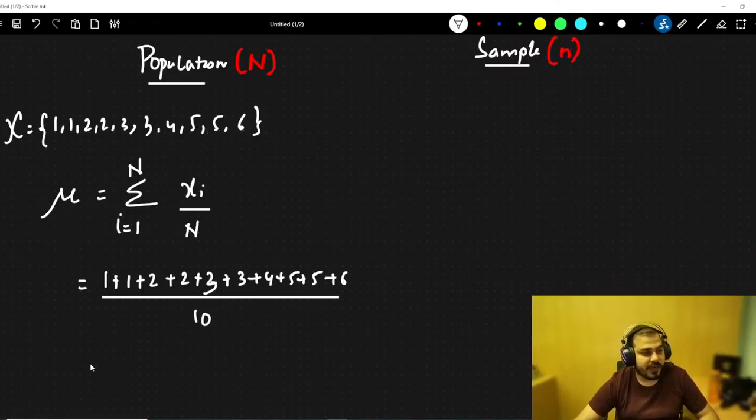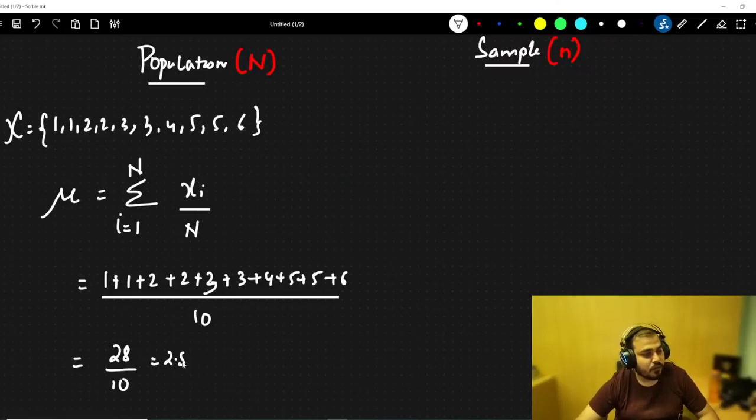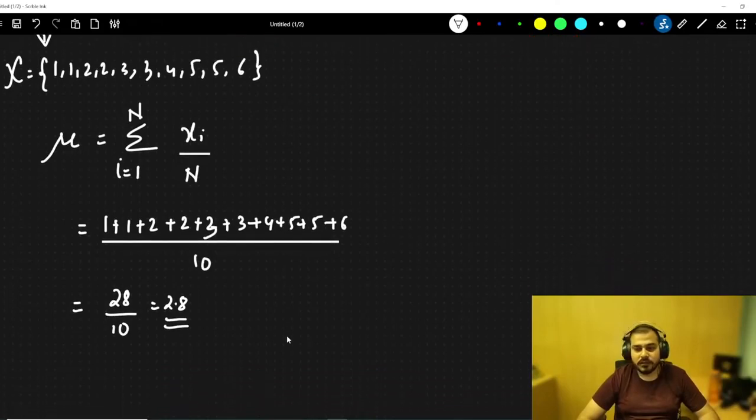So 10 elements. Now, if I try to find out the average, please help me out. 4, 7, 8, 9, 12, 16, 17, 22, 28. 28 by 10, which is nothing but 2.8. So if I'm considering X as my random variable, which is the population data set, and I want to find out the mean, which is denoted by mu, here you can see that I'm able to find the average.